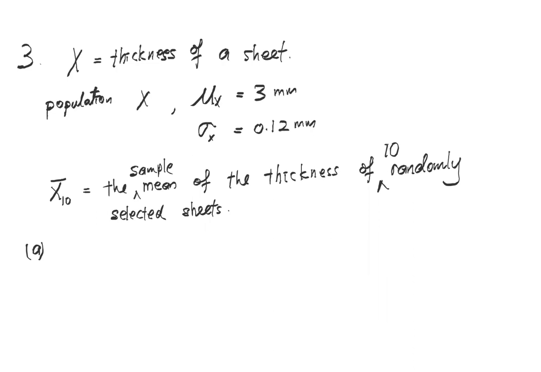So now we are going to talk about the variable X bar 10, which means the sample mean of the thickness of 10 randomly selected sheets. So there are many. Okay, so a quality controller goes and gets one sample. So this is a sample. A sample of 10 sheets. So, got it? What is the corresponding observation value of the random variable?